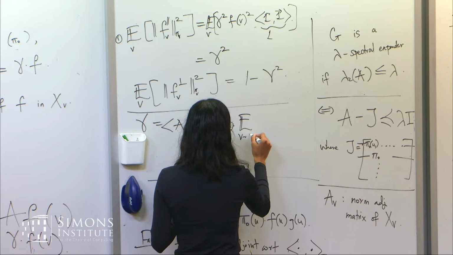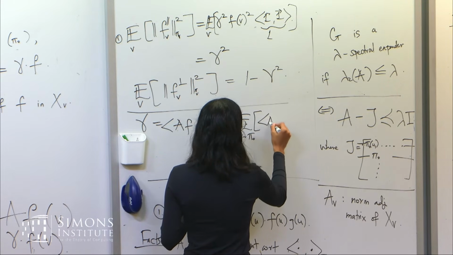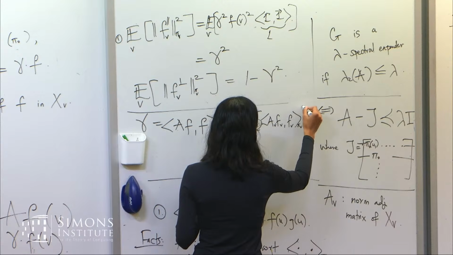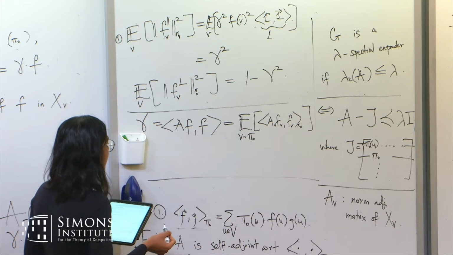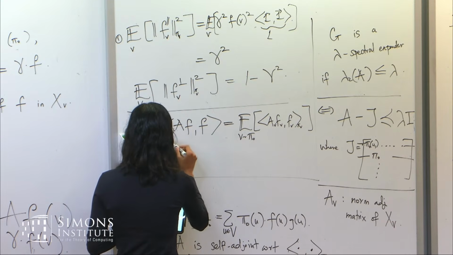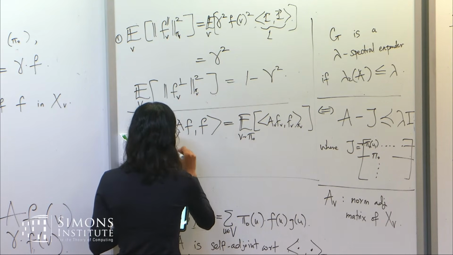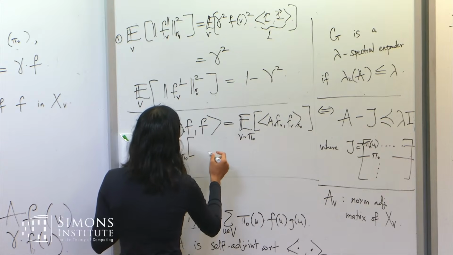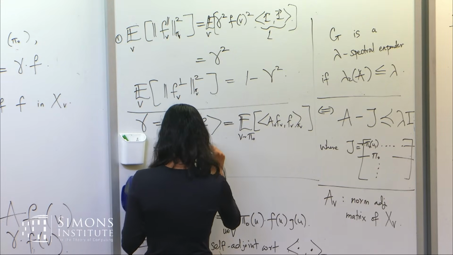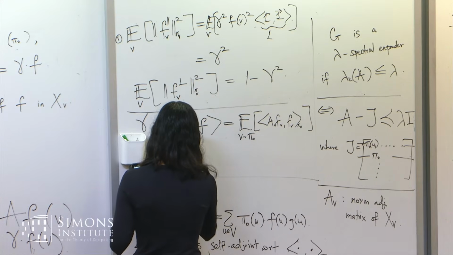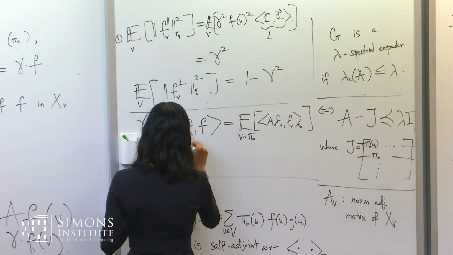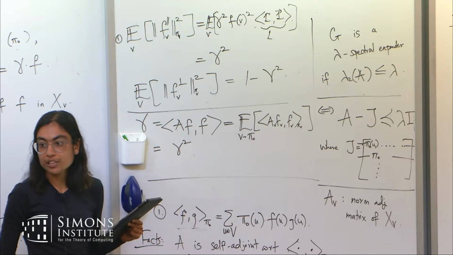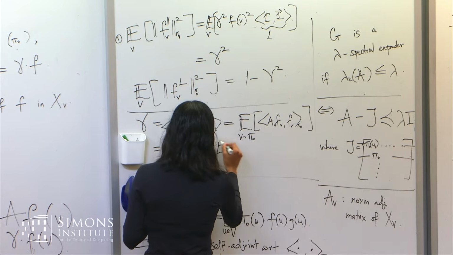So it's an expectation over V taken from pi 0 of A_V F_V, F_V, which is gamma squared. Like the parallel part has eigenvalue 1 with respect to A_V, and the perpendicular part remains.